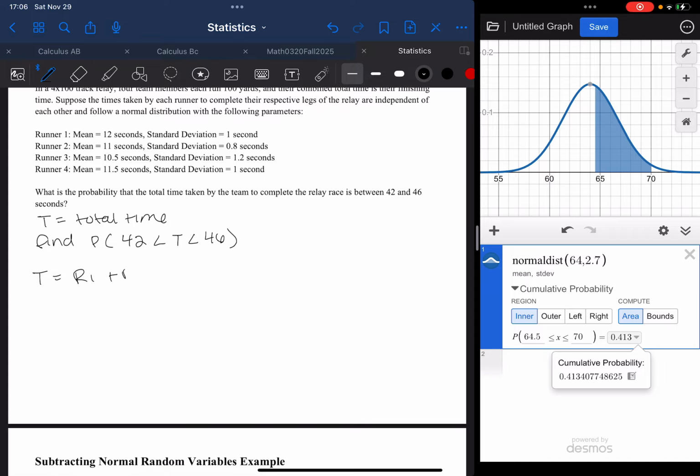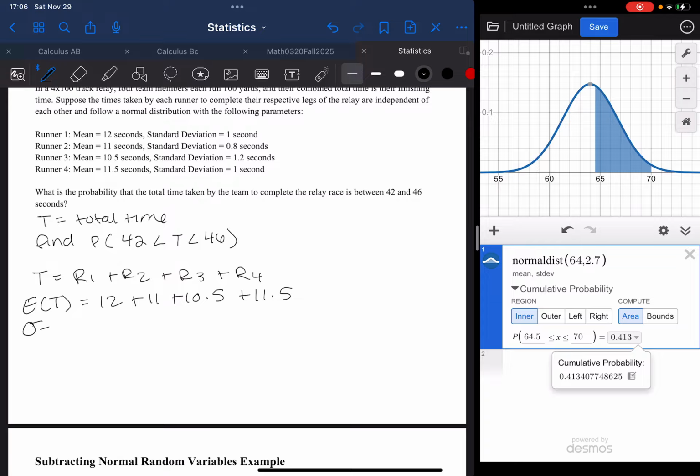So runner 1 plus runner 2 plus runner 3 plus runner 4, which means the expected value for the total time is going to be adding all the means together for each of the runners. So that's 12 plus 11 plus 10.5 plus 11.5.